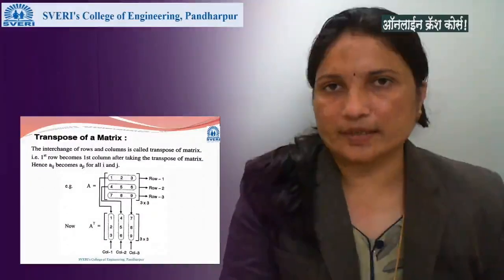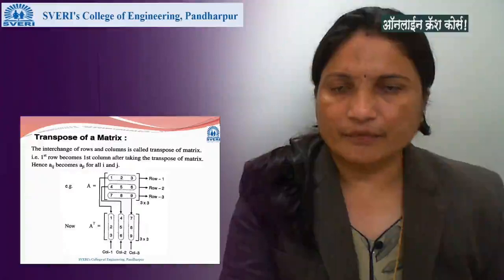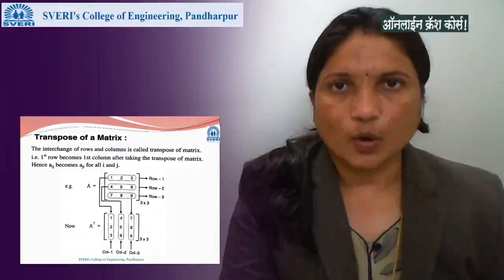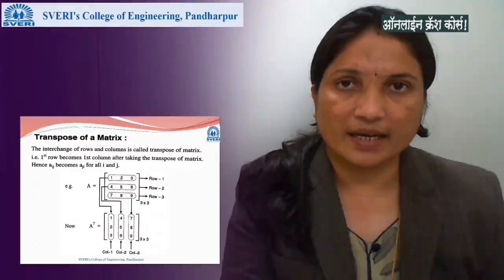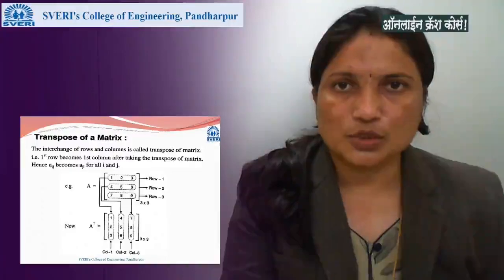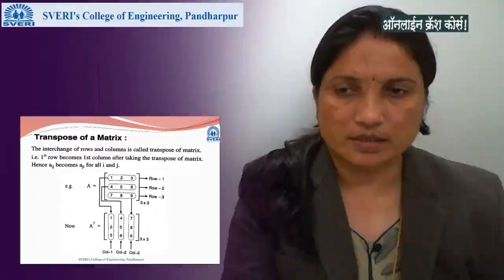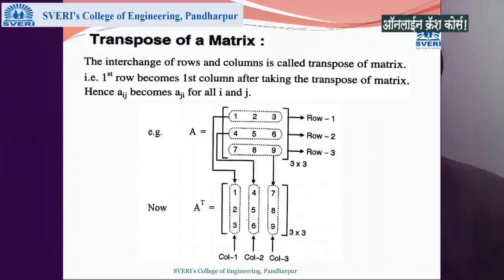Then the transpose of a matrix. What is meant by the transpose of a matrix? If we have matrix A, then how do we get the transpose of matrix A, which is denoted by A raised to T? Therefore, if we have a matrix A with elements 1, 2, 3, 4, 5, 6, 7, 8, 9, how do we get its transpose?